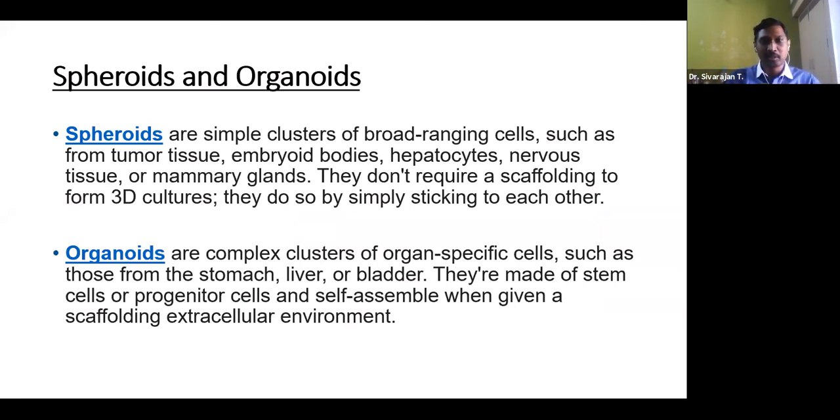Well, organoids are complex. They are a cluster of organ-specific cells such as those from stomach, liver, and bladder. One of the key criteria is organoids should have some sort of a stem cell in them, which are characteristic of that particular tissue. And the properties that they have is self-assembly, and a little bit of scaffolding or extracellular matrix is needed when you want to make organoids.